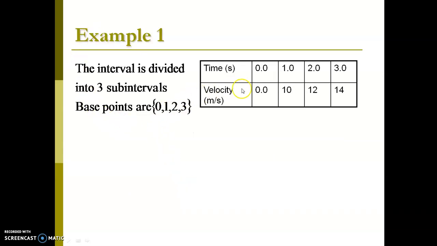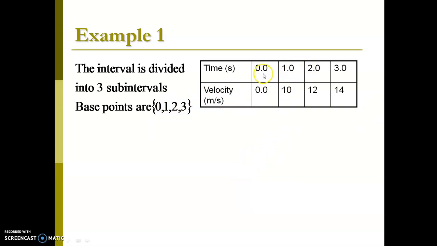This is one example which we have tried solving. You can try solving this example again as a revision, using the trapezoidal rule as well as the trapezoidal rule used for multiple intervals.